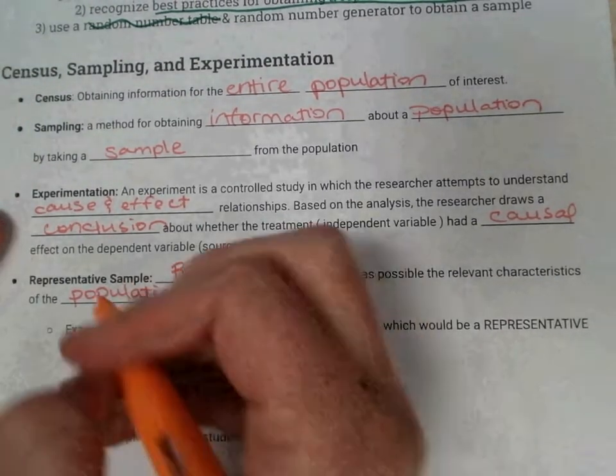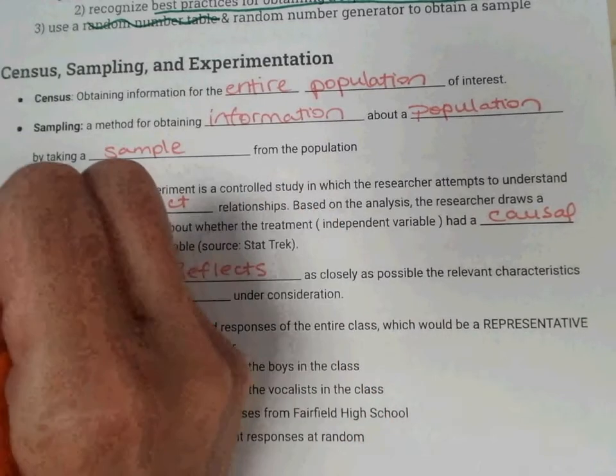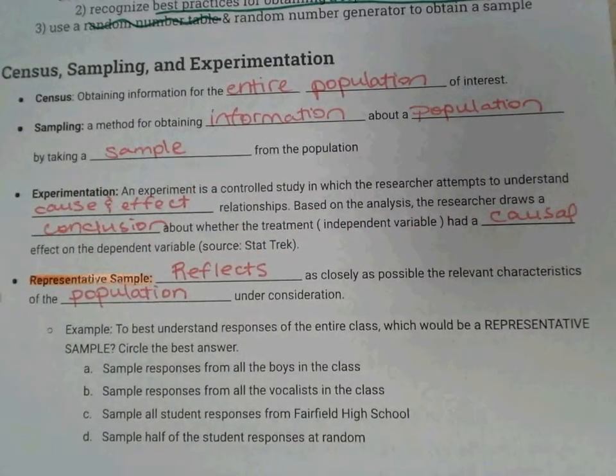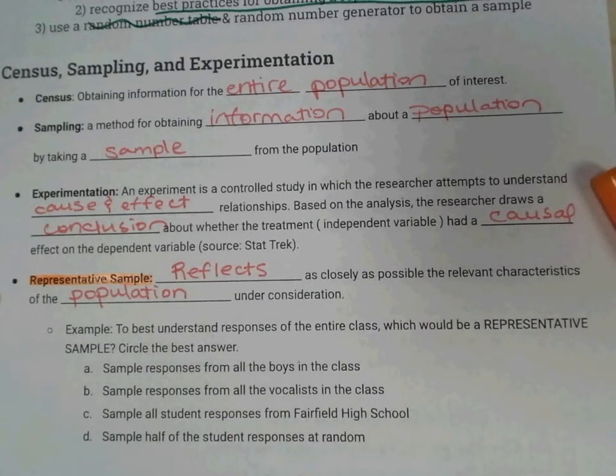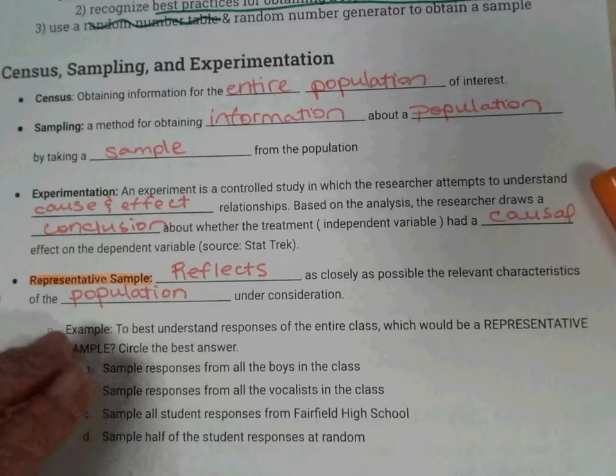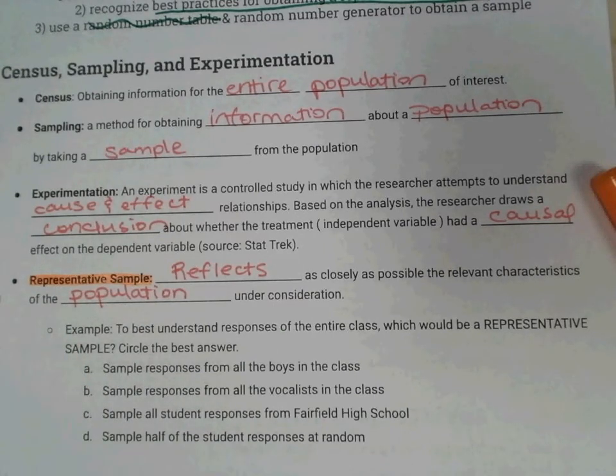A representative sample is key to being able to make a reliable inference about a population. So that's going to come up over and over again. We want our sample to be representative of the entire population in order to make a valid inference.